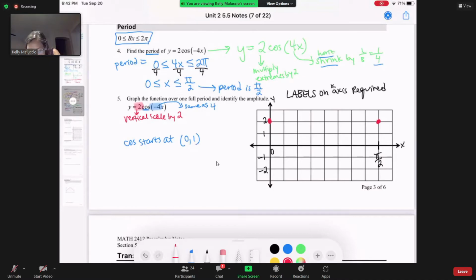But it's going to be easiest if we make this even. Let's see, 1, 2, 3, 4, 5, 6, 7, 8. Okay, so 4 in, 1, 2, 3, 4. So this is going to be pi over 4, right?